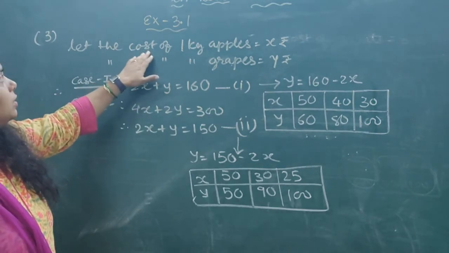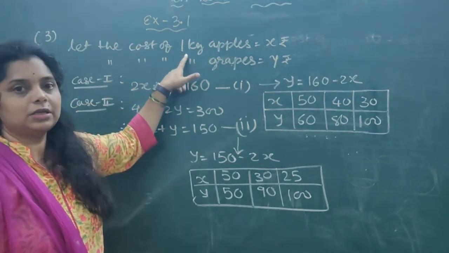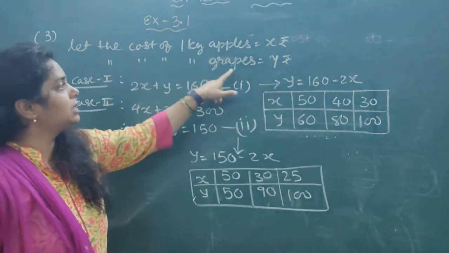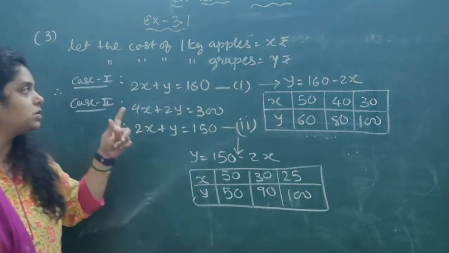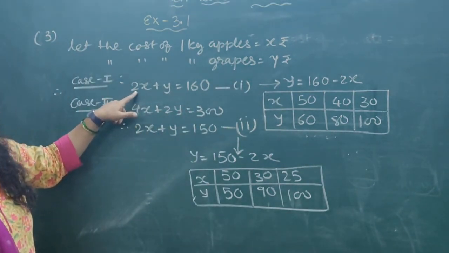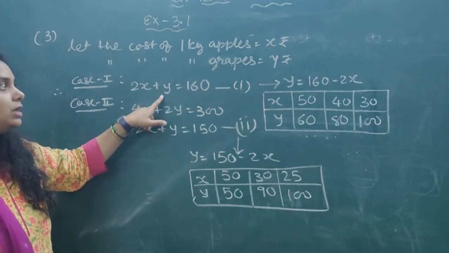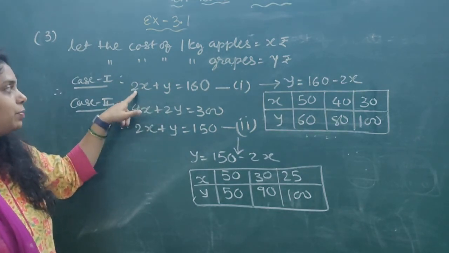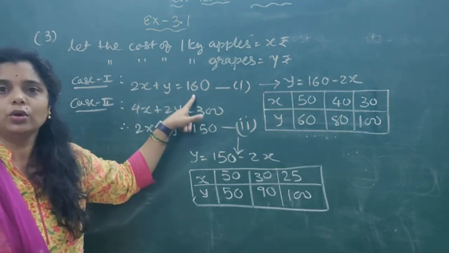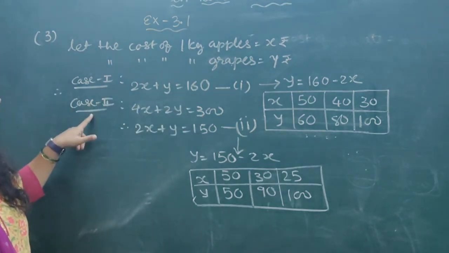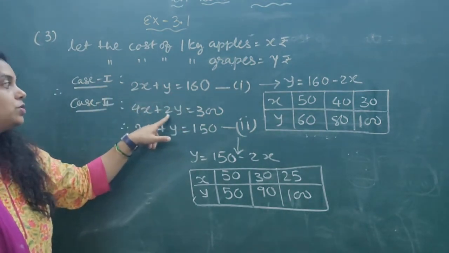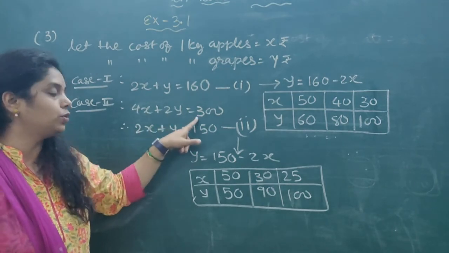Okay, so here the cost of 1 kg apple is equal to x, and the cost of 1 kg grapes is equal to y. So in the first case, 2 kg apples plus 1 kg grapes is equal to 160, and in the second case, 4 kg apples plus 2 kg grapes is equal to 300.